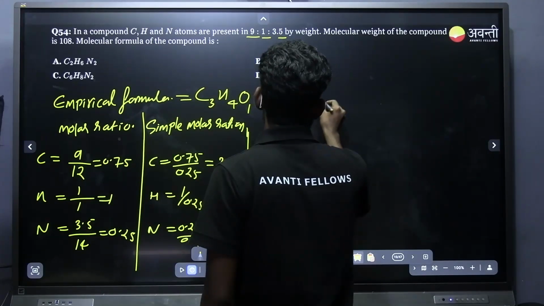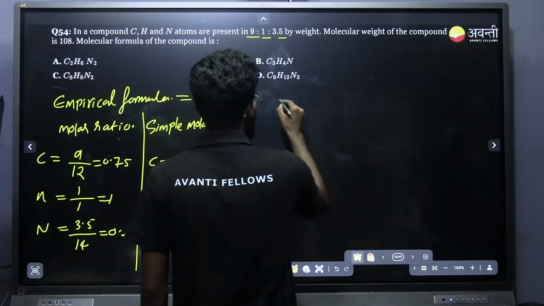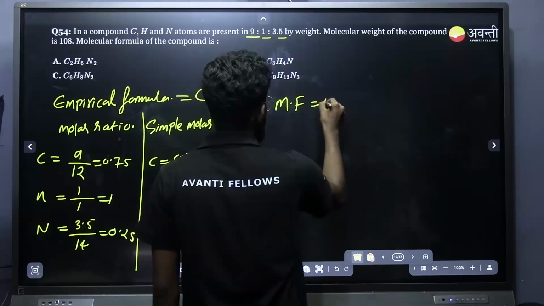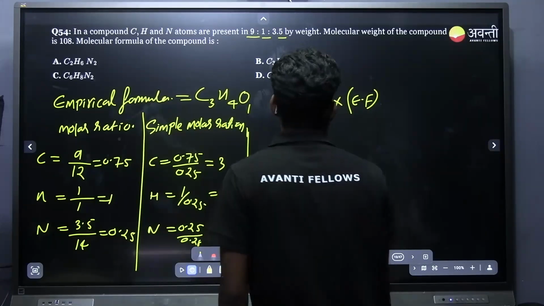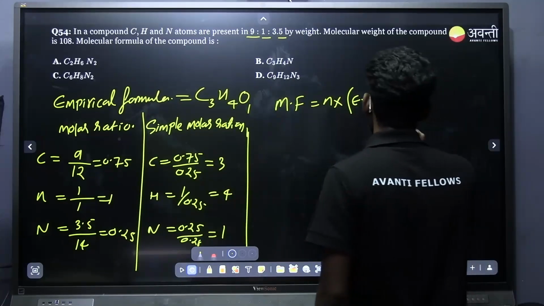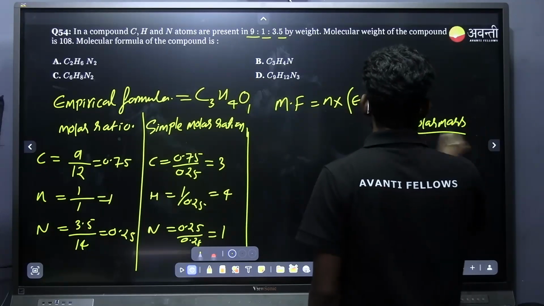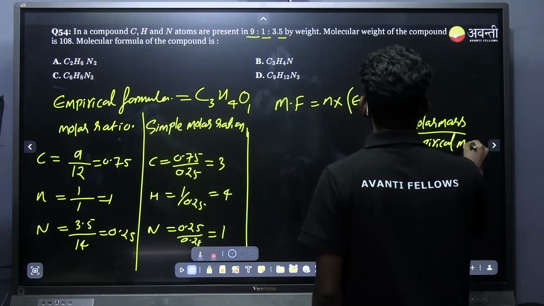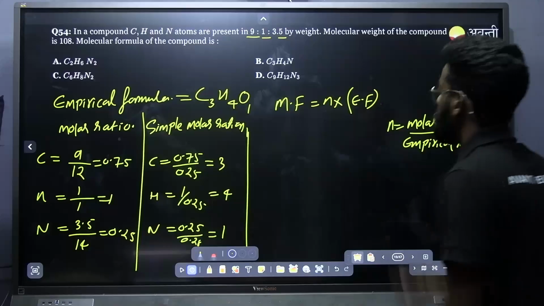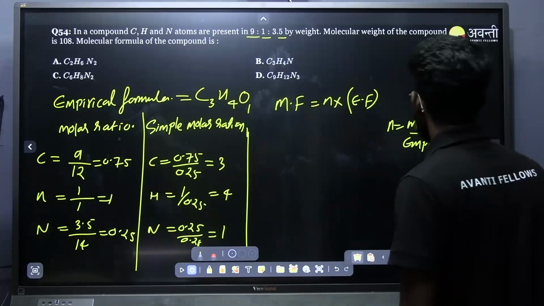Molecular formula is equal to N into empirical formula, right? And what about this N? N is equal to molar mass divided by empirical mass. Molar mass divided by empirical mass.